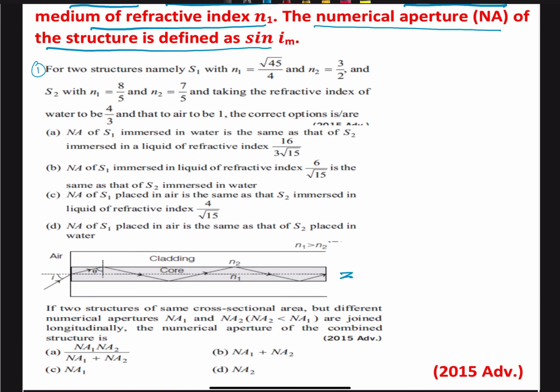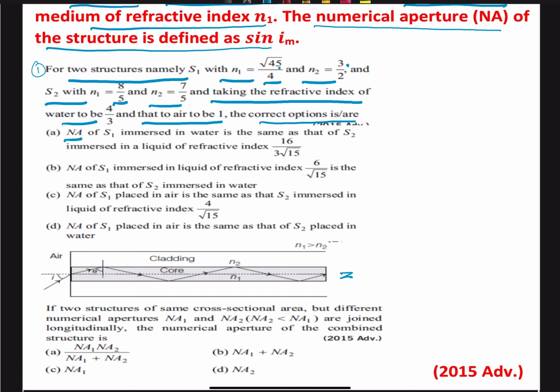In the first it says that for two structures, namely S1 having N1 as square root of 45 divided by 4 and N2 3 by 2, and S2 having N1 as 8 by 4 and N2 7 by 4, taking the reference refractive index of the water to be 4 by 3 and that of the air to be 1, the correct option is. Here we are going to find out what will be the numerical aperture for each of them.